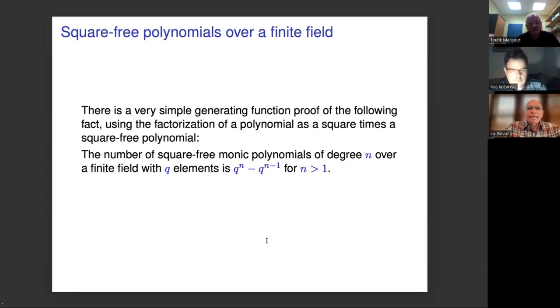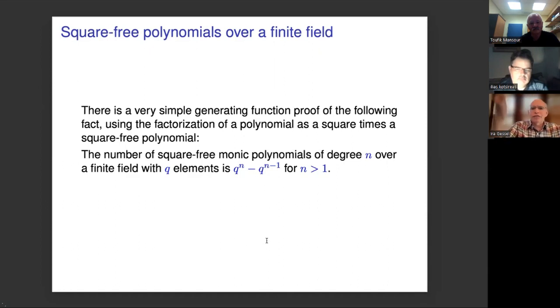So this is counting square-free polynomials over a finite field. There's a very simple generating function proof using the fact that every monic polynomial can be expressed uniquely as the square of a monic polynomial times a monic square-free polynomial.